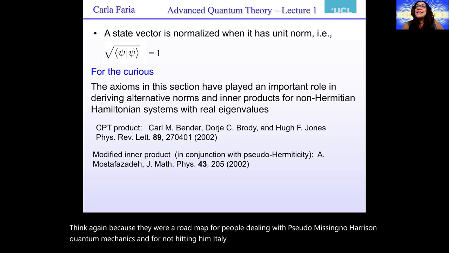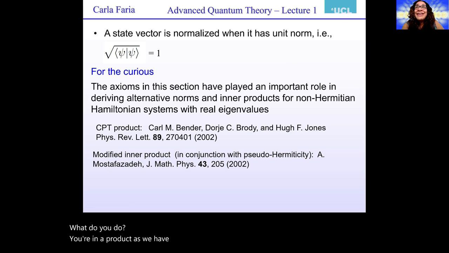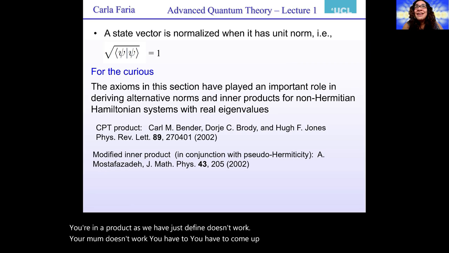Because you have a system which is non-Hermitian, but which has real eigenvalues, right? What do you do? Your inner product, as we have just defined, doesn't work. Your norm doesn't work. You have to come up with something else, right? And that's what these people did.